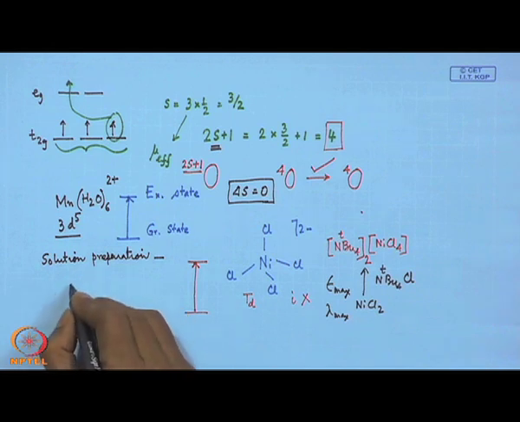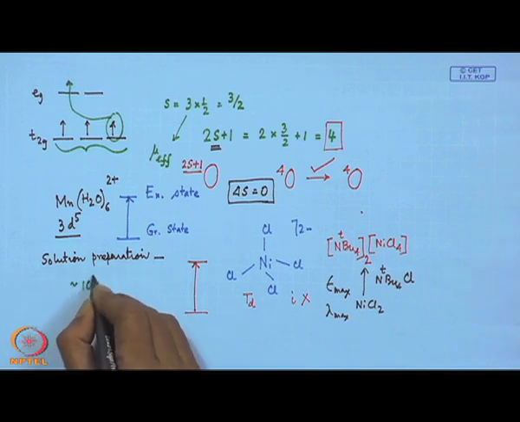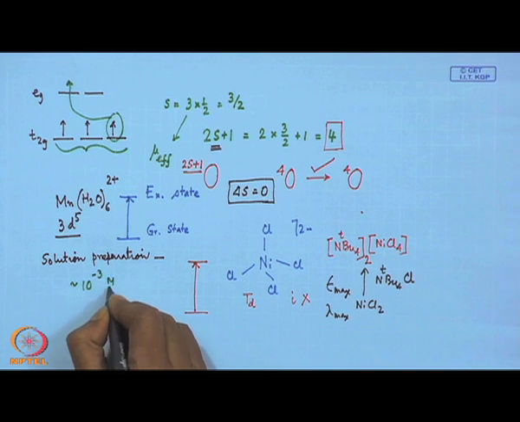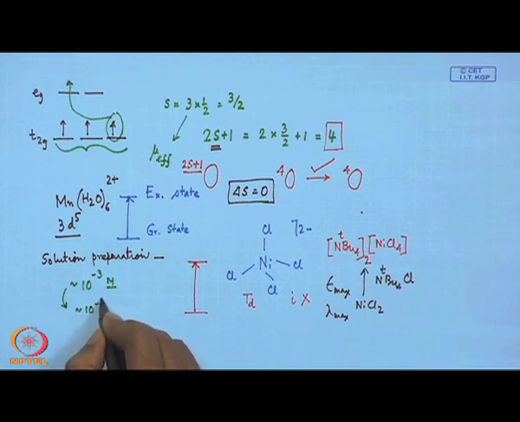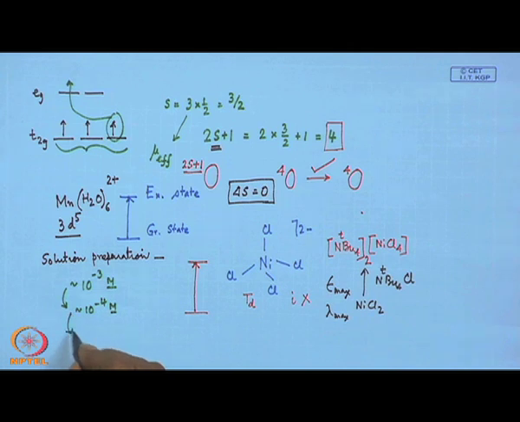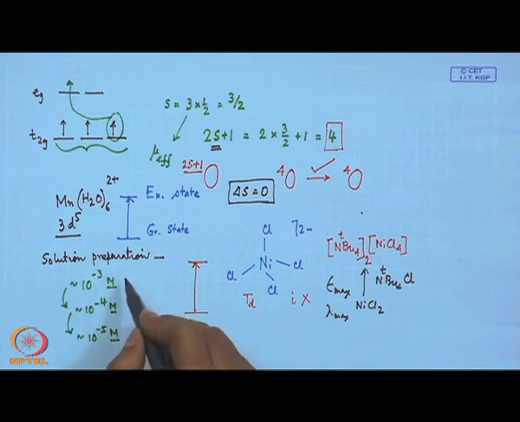So, initially we make a solution of say 10 to the power minus 3 molar, then we dilute it to 10 to the power minus 4 molar, and then again we dilute it to 10 to the power minus 5 molar. So, for most of the d-d transitions which we are observing here, which have a low intensity, can be available with this concentration.